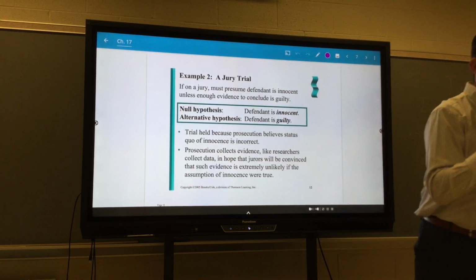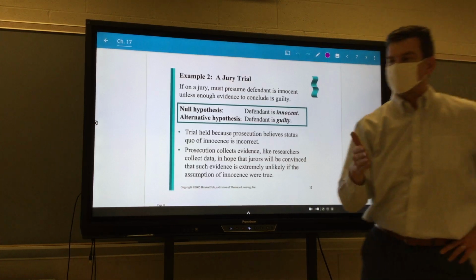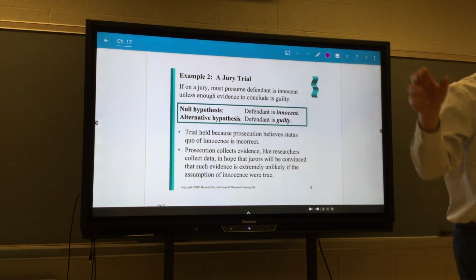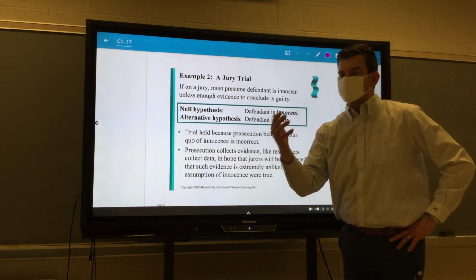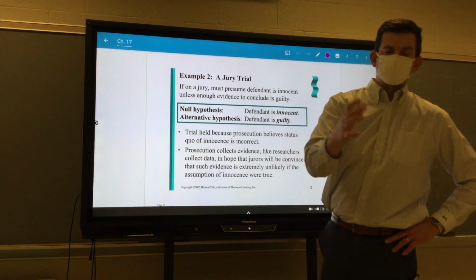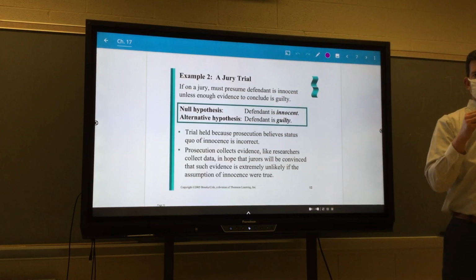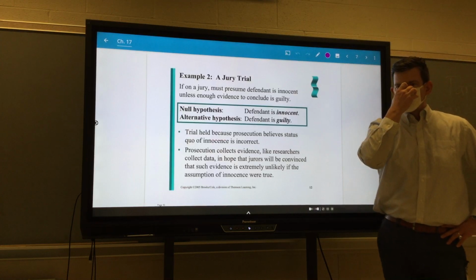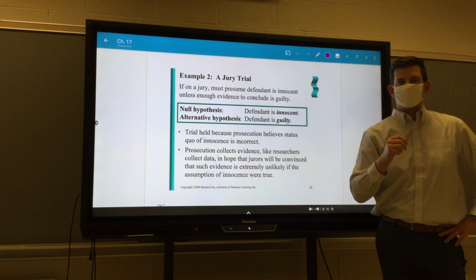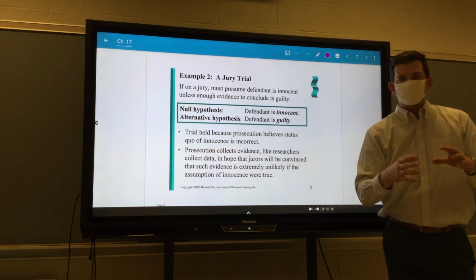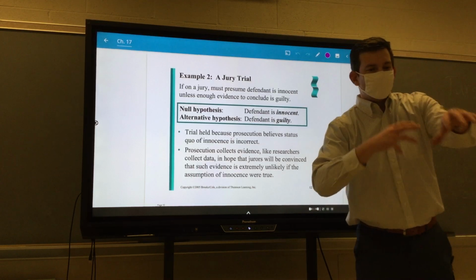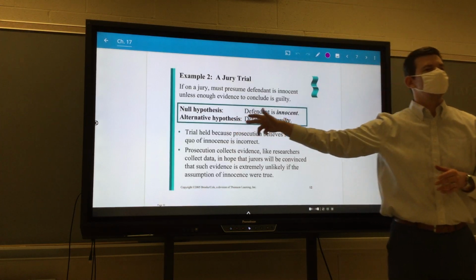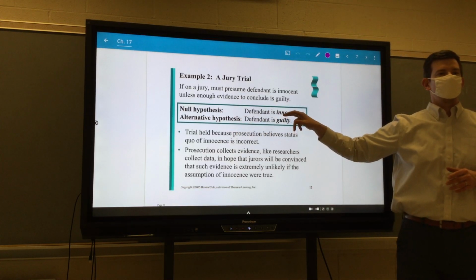It's the job of the prosecutor, the state, to collect the evidence and present it to the judge and the jury, so that the jury considers all the evidence and determines that there's no way they could see all of this evidence happening with that presumption of innocence remaining true.